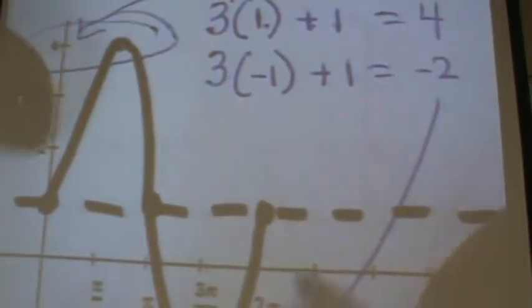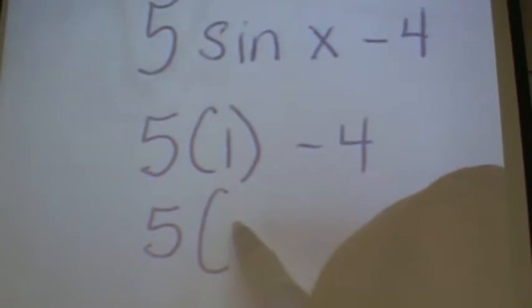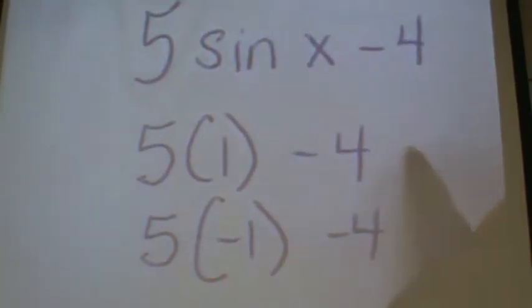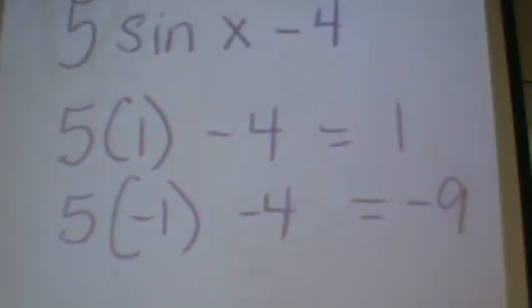That's that number. And then what's -3 plus 1? That's that number. So let's say I asked you 5 sine x minus 4. Tell me the range. You're going to do 5 times 1 minus 4 and 5 times -1 minus 4. So you get 1 here, and so your range is from -9 to 1. And it works.